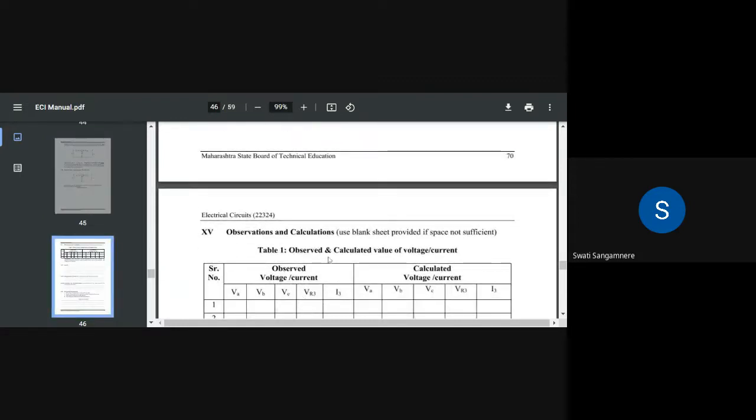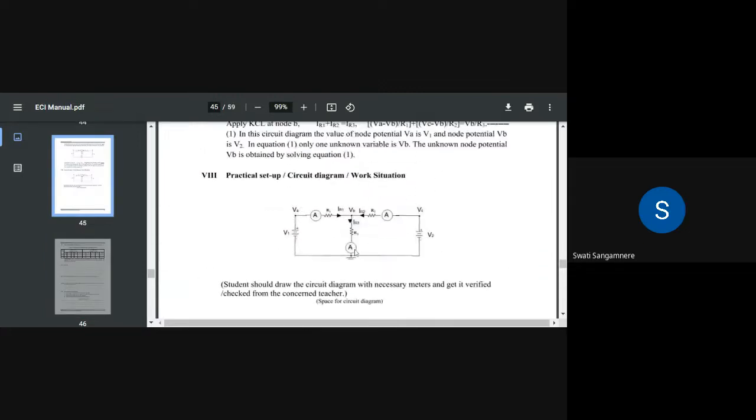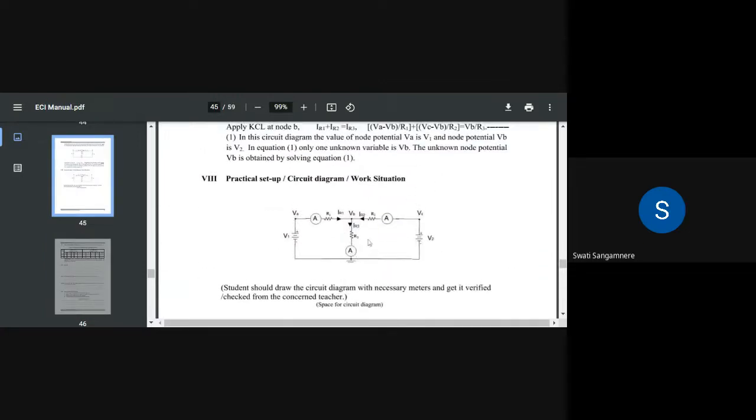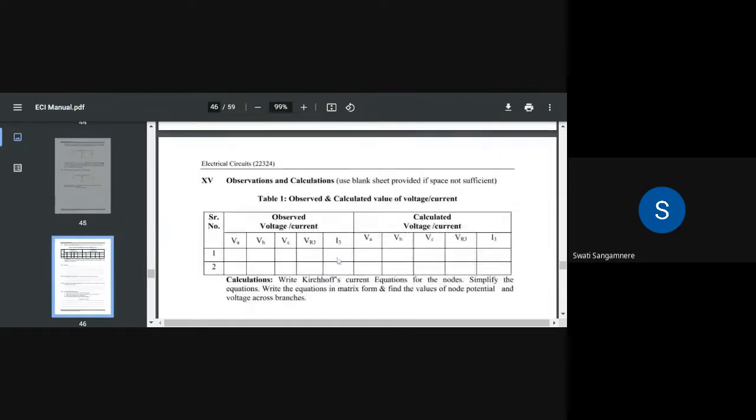Then VR3 is the voltage across the R3 resistance, which will be equal to the node voltage VB, and then the current flowing through R3 is I3.